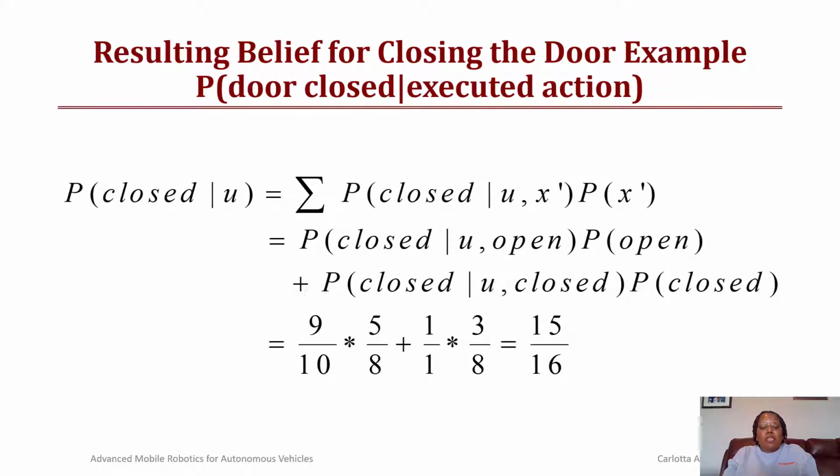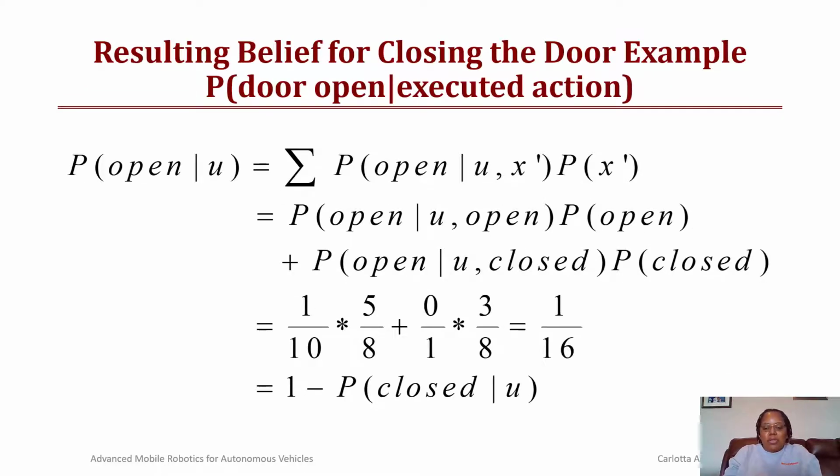The probability the door is closed given the action and the door was previously open, times the probability of open, is 9/10 times 5/8. And the probability that the door is closed given the action and that the door was previously closed, times the probability of the door being closed, is 1 times 3/8. So that gives us 15/16.